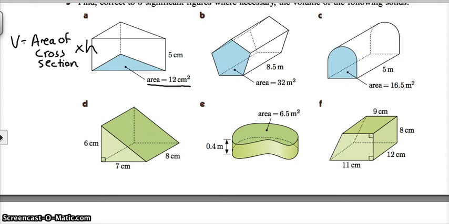Let's try D together. The area of the cross section. If I was to look here, and cut this shape through there, or through there, what shape have I got? I've got a triangle. So volume equals the area formula of a triangle. What is that?